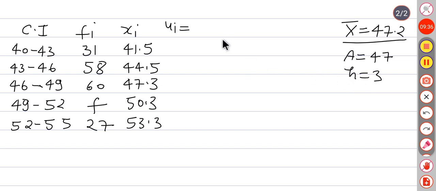So ui would be xi minus 47.5 upon 3. See this very clever trick: if the mean is already given, take the assumed value as close to the mean, so the deviation should be very less.